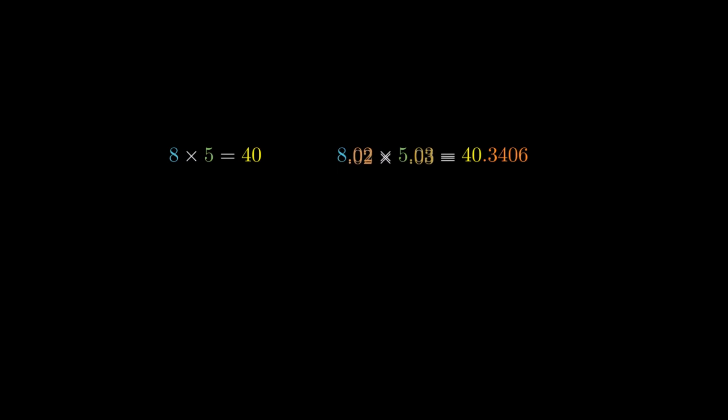But if you just separate out the changes of 0.02 and 0.03 and just multiply them, you actually get 0.0006, which is very different from the actual total change of 0.3406. So it's not so simple for products. If you get two functions multiplying together, you cannot do each one separately, then multiply. That doesn't work. How exactly we handle that case will be in a future video.